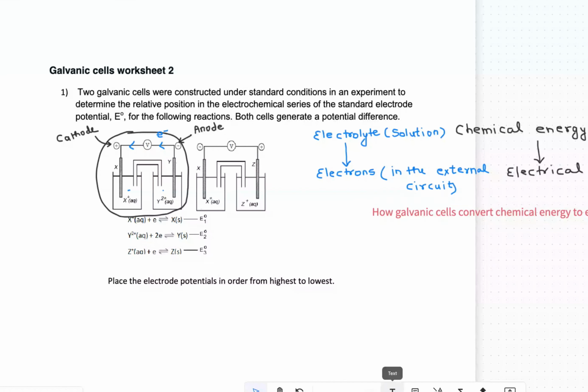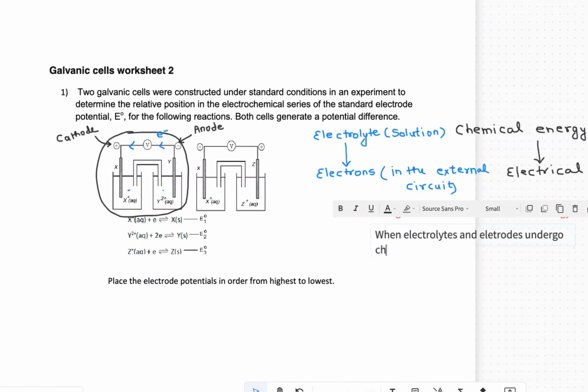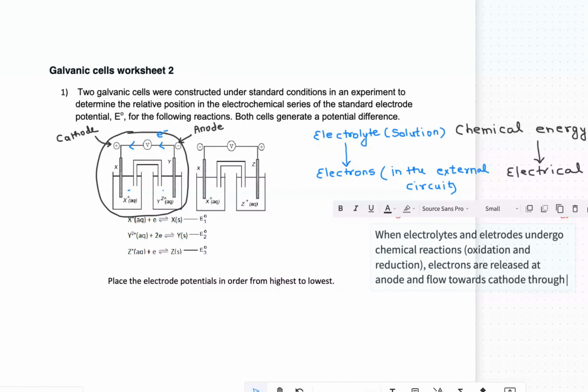And the answer was: when electrolytes and electrodes undergo chemical reactions (reduction and oxidation, or oxidation and reduction), electrons are released at anode and flow towards cathode through the external circuit.